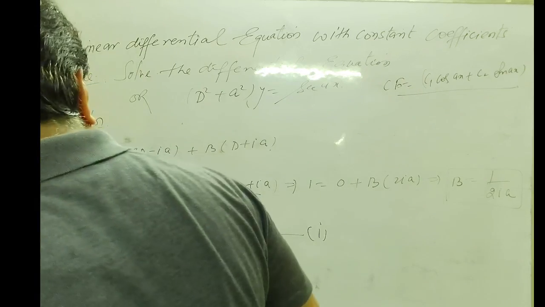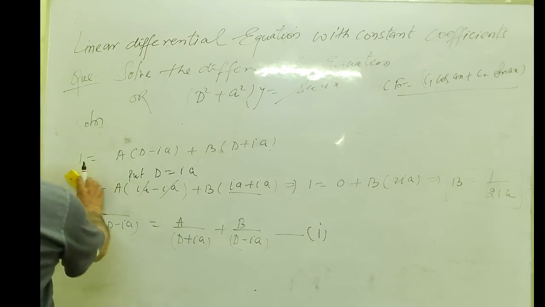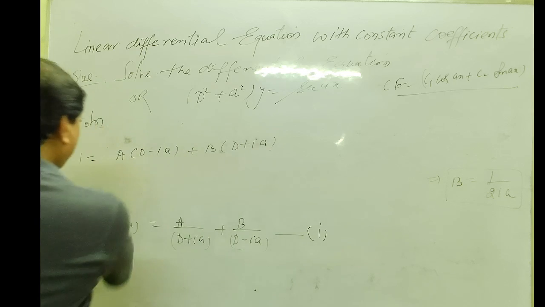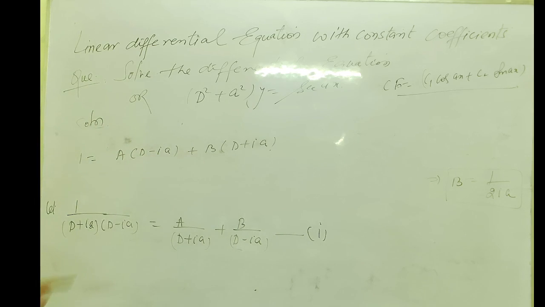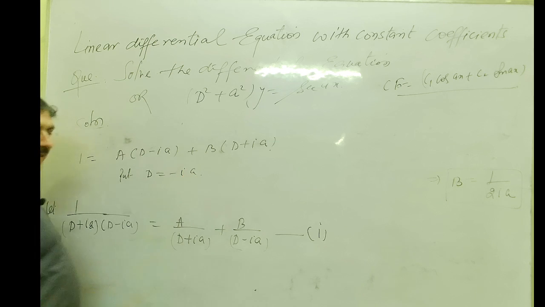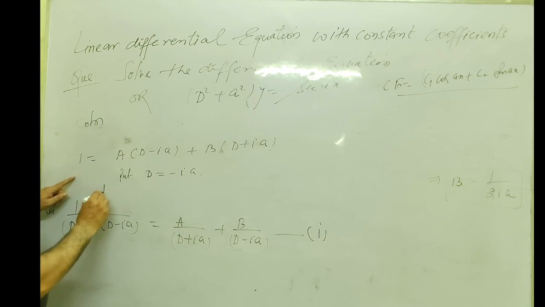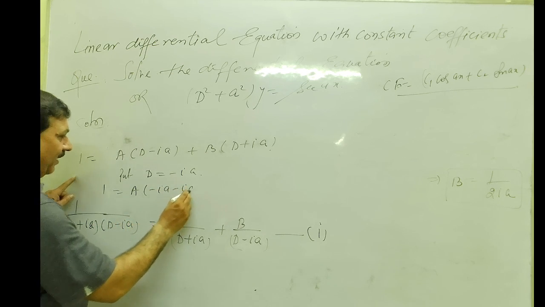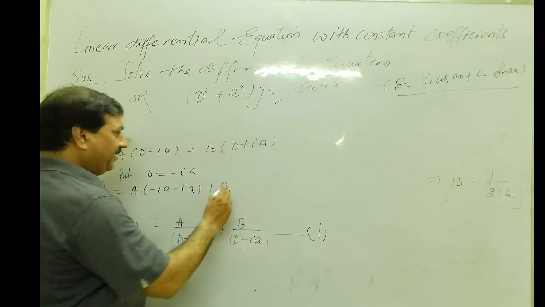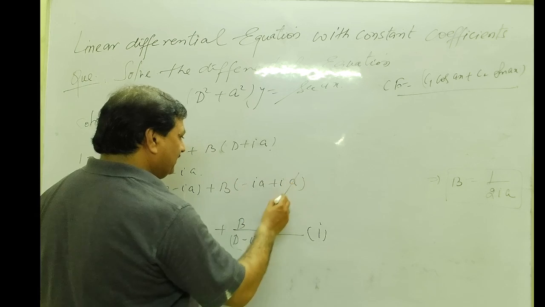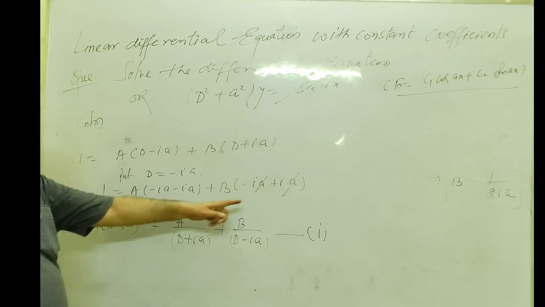Now in this case, again put D equals minus ia in this equation. The left-hand side value is 1, and on the right-hand side A(minus ia minus ia) and B(minus ia plus ia). This cancels and will equal 0.